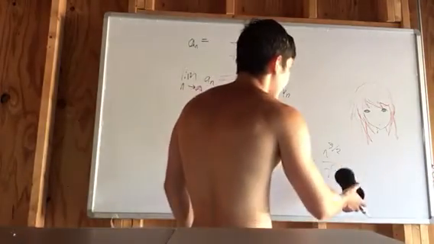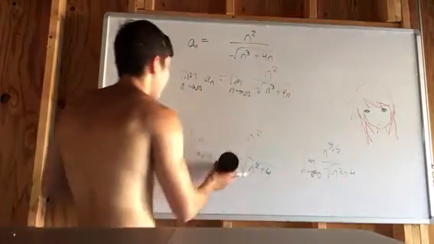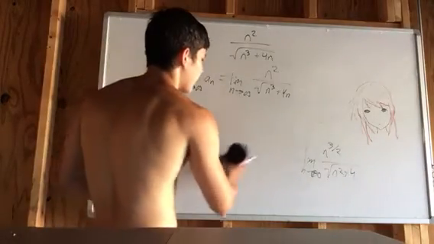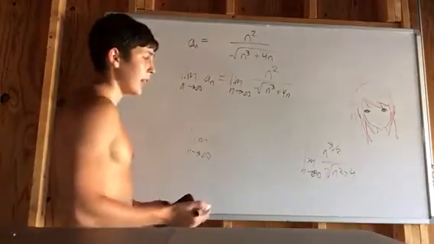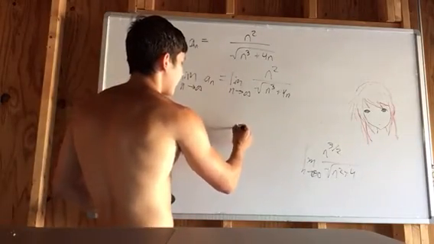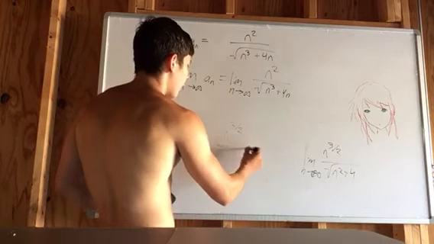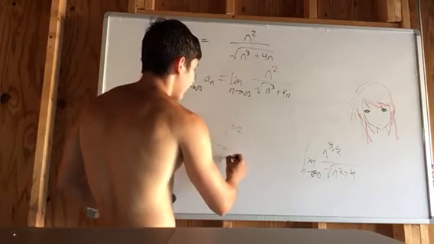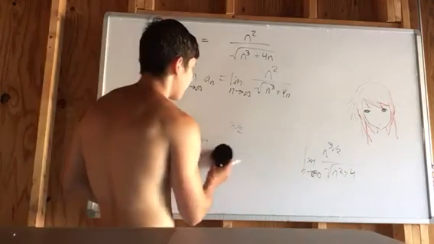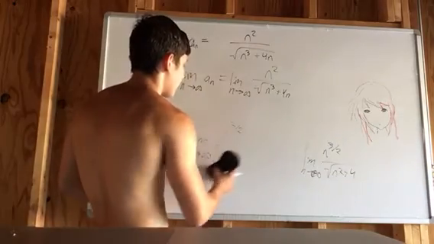So we might as well not even have a 4 there. Therefore, we could just look at this as the limit as n goes to infinity of n to the 3/2 over the square root of n², and the square root of n² is just n.